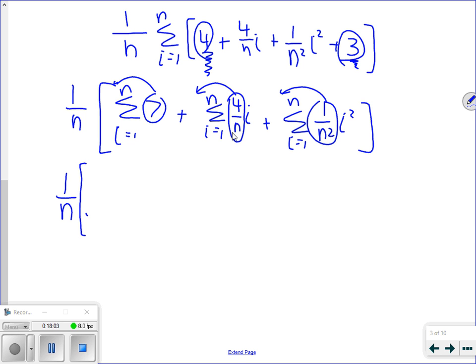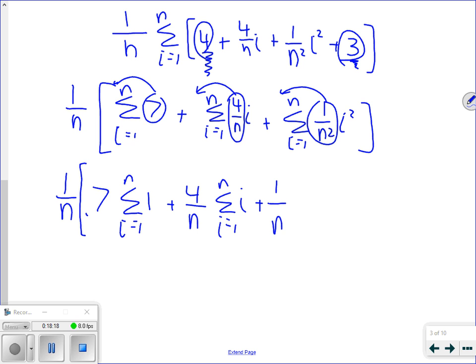So I had the 7 pulled out. I got the summation i equals 1 to n of 1 now, plus I pulled the 4 over n out, and I got the summation i equals 1 to n of i, plus I got the 1 over n squared pulled out, and I got the summation i equals 1 to n of i squared.